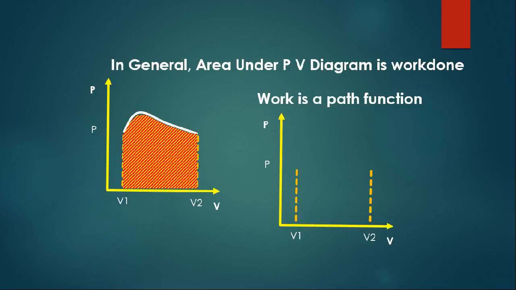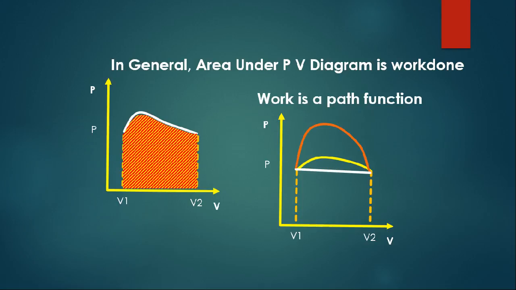I will explain. Consider the PV diagram. The initial point and final point are denoted V1 and V2. This is one possible process. The area under this yellow curve is the work done in this process. For the same end conditions, V1 to V2, the orange curve can also be a process. The area under that is a higher work done because it has a higher area.